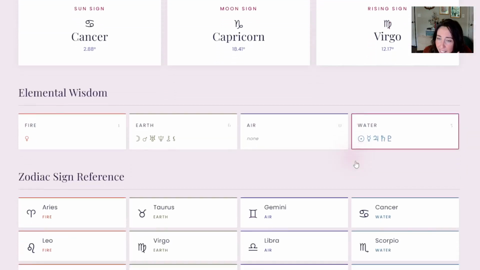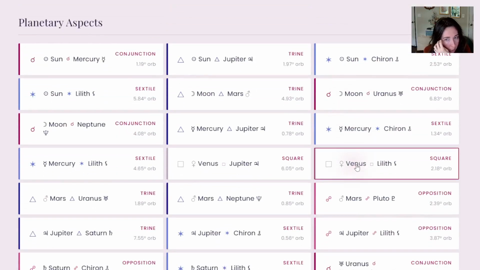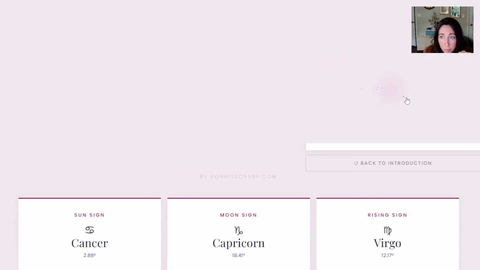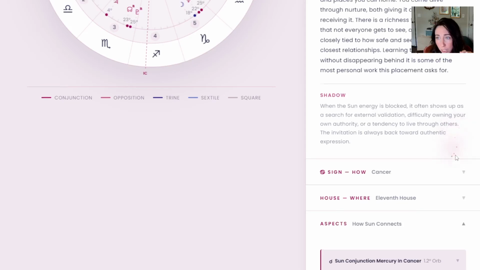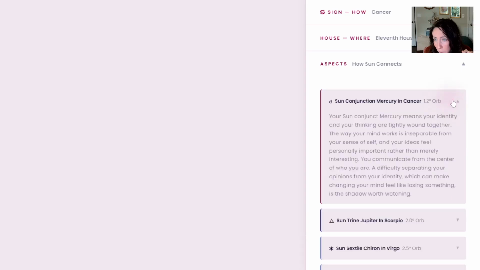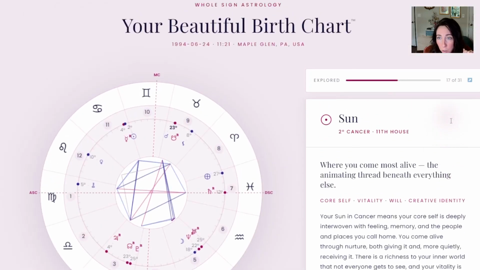And let's see, what was I going to show? Oh yeah, so the aspects. This part is really fun because you can grab any aspect from down here and it's going to bring you up here so that you can read about those particular aspects. It just goes so deep, it's wild.